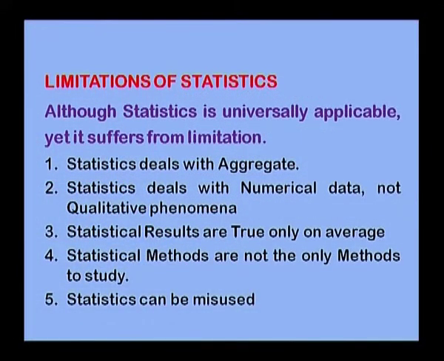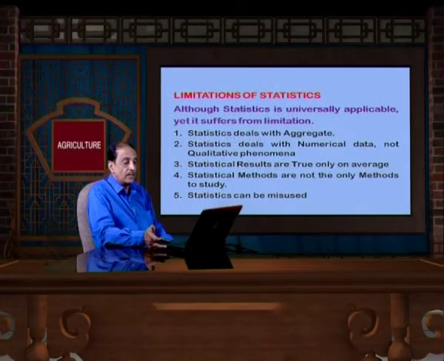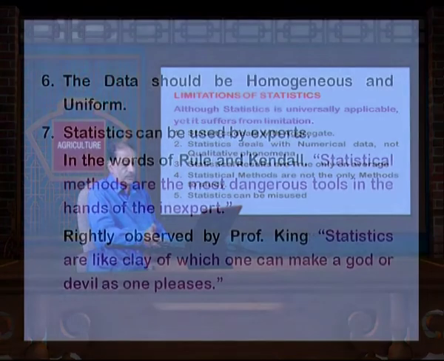Sometimes what happens, we have collected information that is not up to the mark, and after that if it is analyzed and interpreted, then definitely the results we receive will not be correct, and that will be misleading and will be misused by some persons. Sometimes the information so collected can be misused by persons for their own interest.